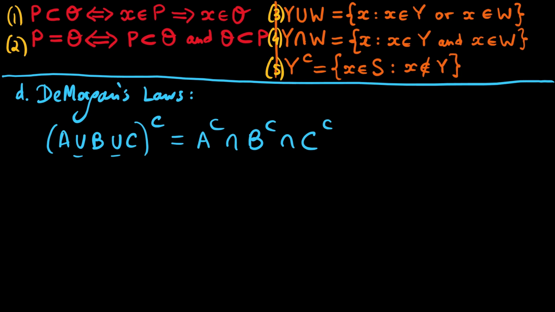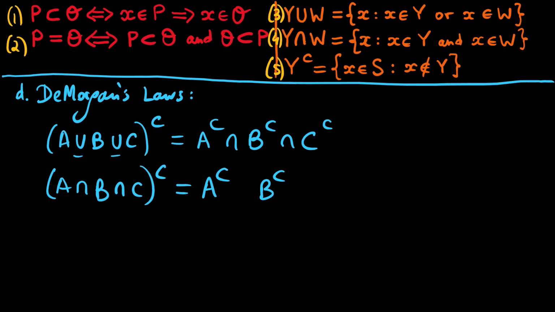So this is what we have for the complement of a chain held together by unions. And then if we had intersections inside the parentheses, then we'll take the complement of each set, and they'll be held together by the operator other than the one operating inside the parentheses, and that's the union.